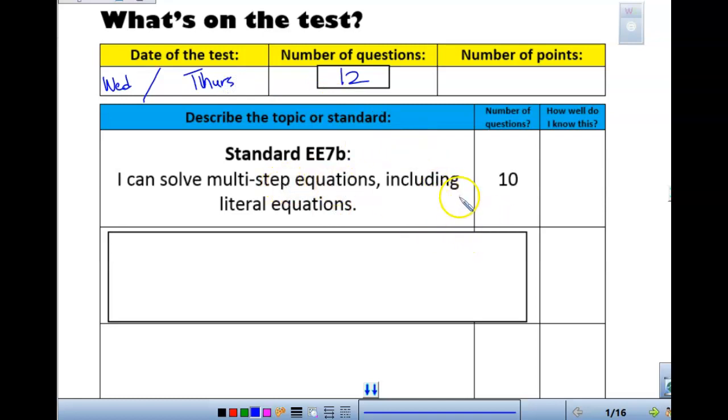So there's actually 1 through 8 to solve multi-step equations, including literal equations. We actually have 8 of those. And what I mean by those is those 8 questions, 1 to 8. When you're looking at the questions 1 to 8, you might have an integer, which are the nice ones, right?